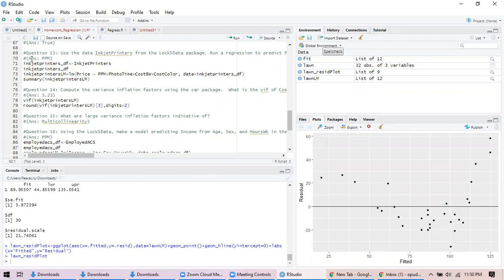Okay, here we are. Question 13: use inkjet printers from the log5 data package, run a regression to predict price. Just copy everything from 71 to 74, all of those.